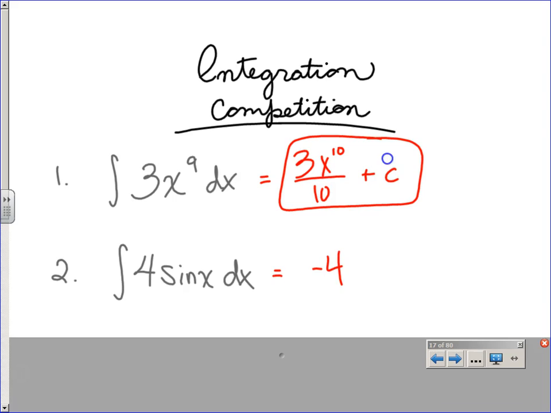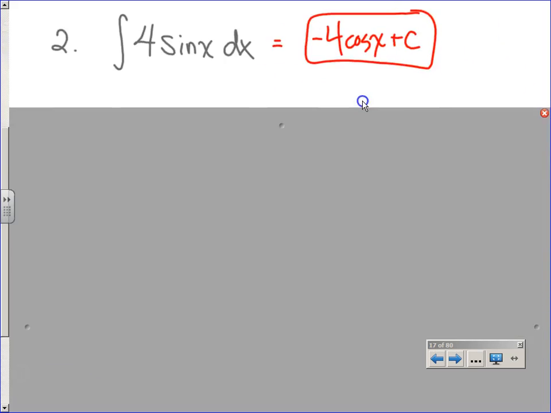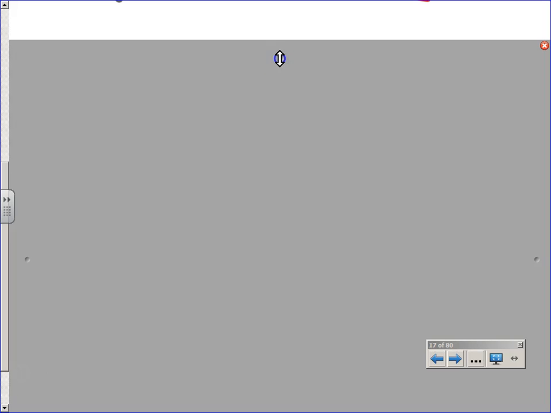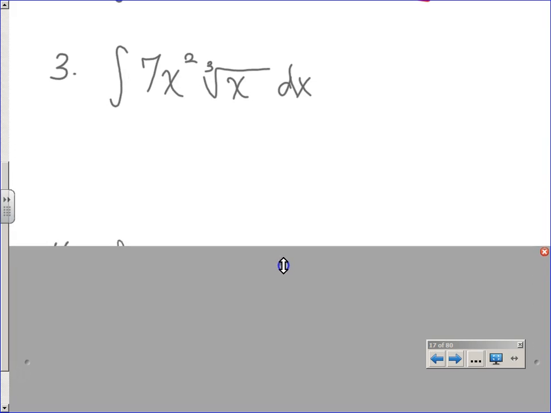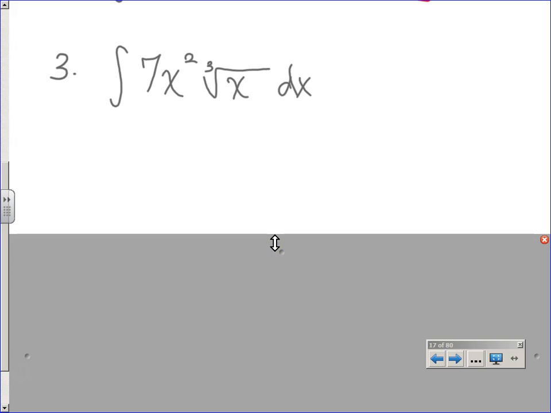First though. Watch, I'm gonna get the hardest. Ready, set? Oh, David. You can read it, right? 7 times x squared times the cubed root of x.